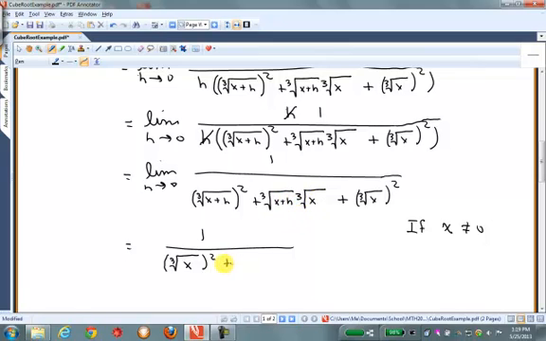So we'll have another cube root of x squared, plus we have a cube root of x squared in the last term.